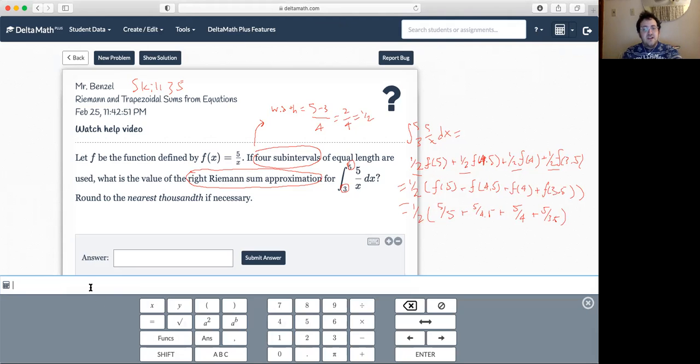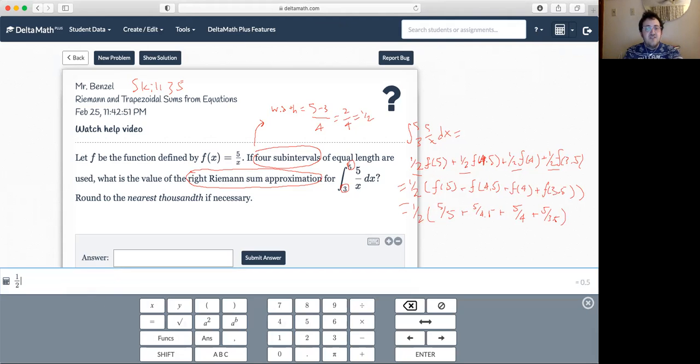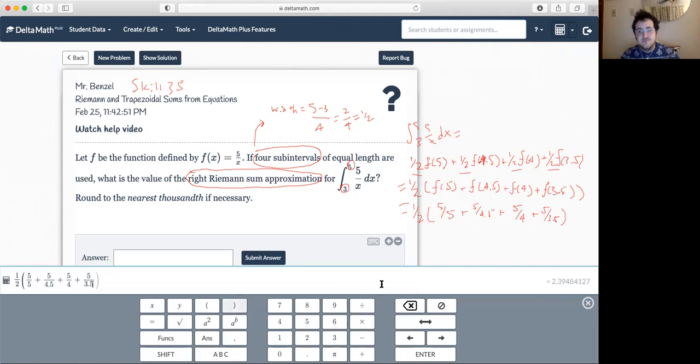So I'm going to enter 1/2, and then in parentheses, 5 over 5 plus 5 over 4.5 plus 5 over 4 plus 5 over 3.5.